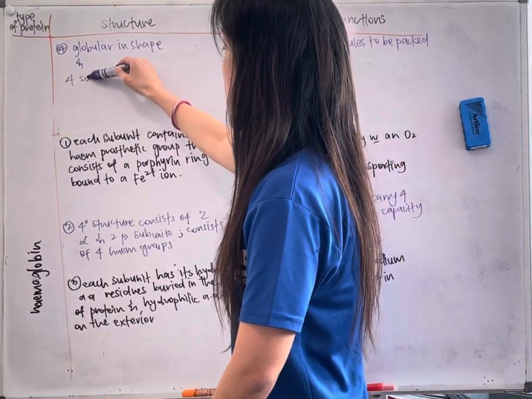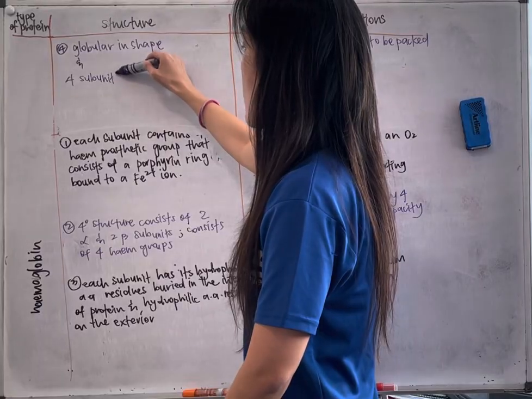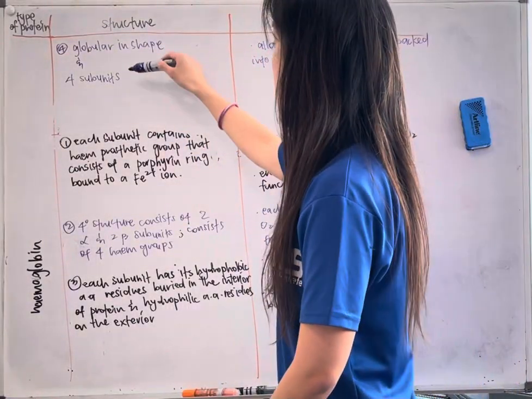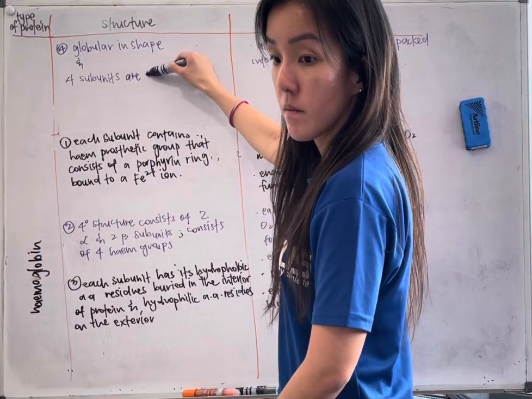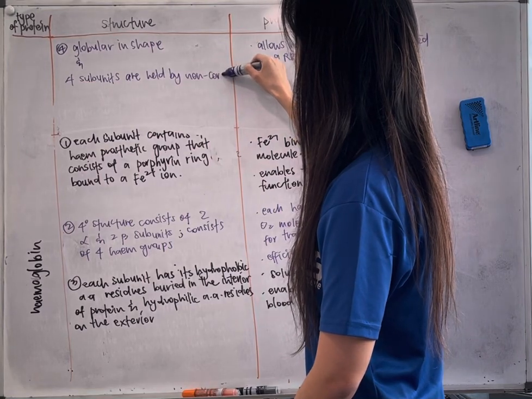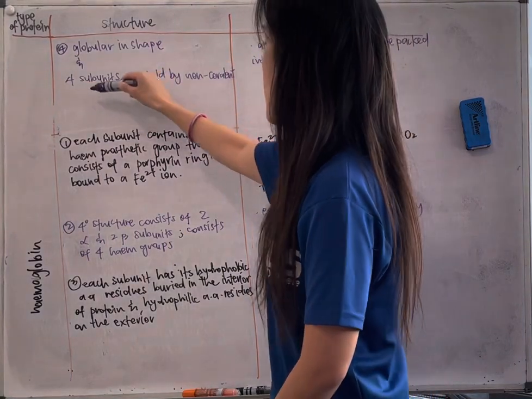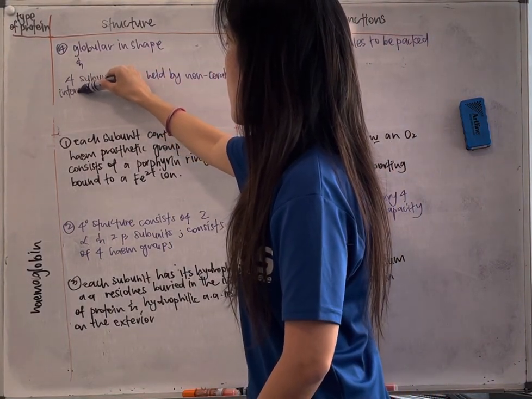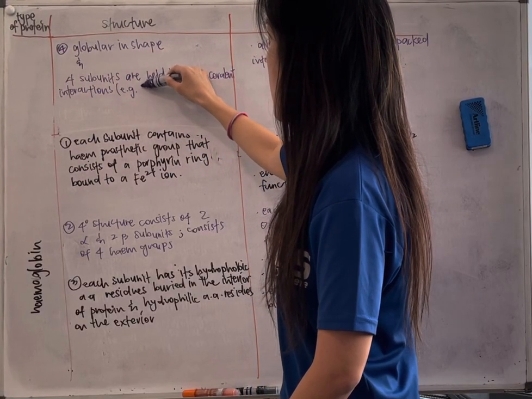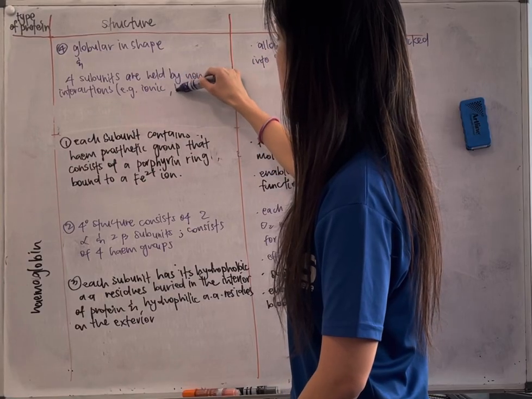So you need to have this non-covalent so you can actually change the conformational shape to allow cooperative binding. Non-covalent interactions are like ionic and hydrogen bonds.